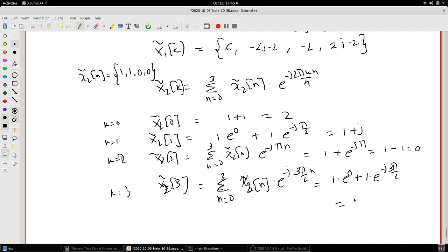So 3 pi by 2 gives minus j, so there is a mistake here, this is minus j.